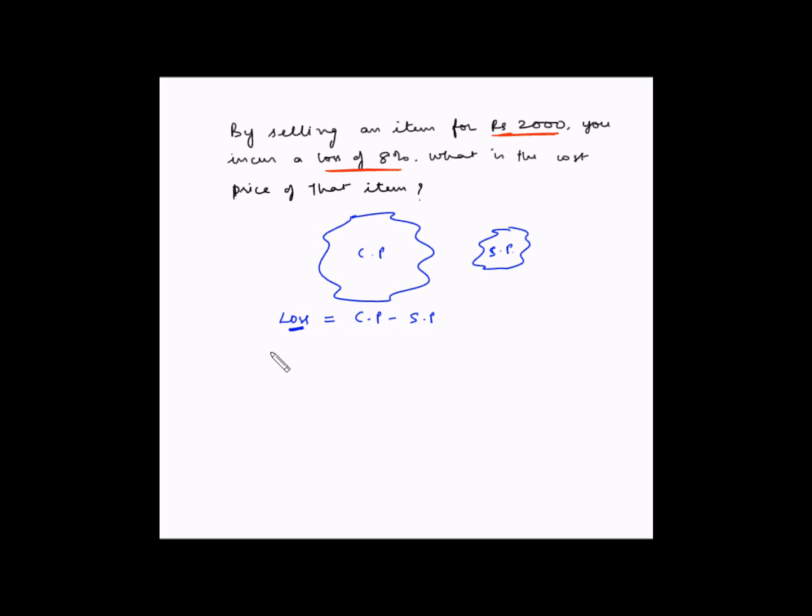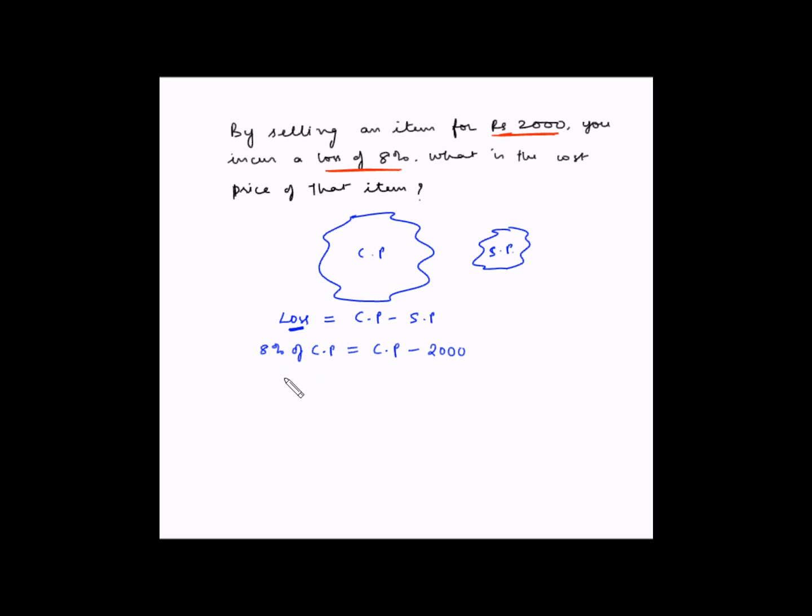So loss is 8% of the cost price, because loss percent or profit percent is always expressed in terms of the cost price. And this is equal to the cost price minus the selling price, which we have been given as rupees 2000. So minus 2000.